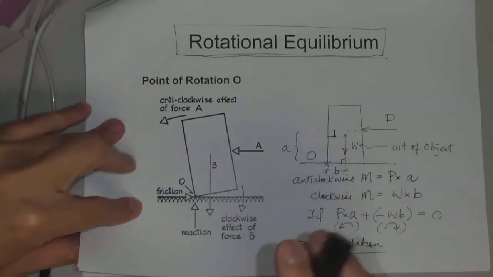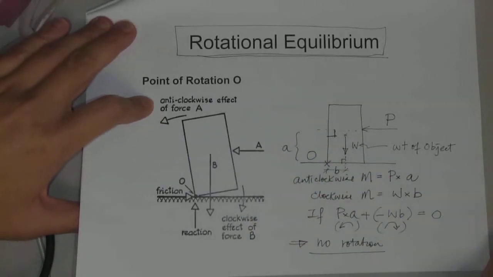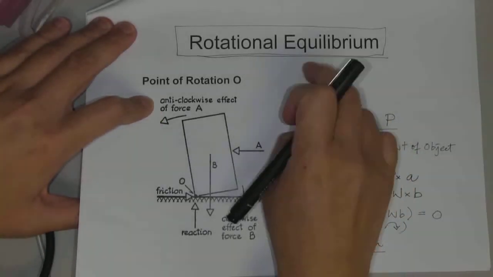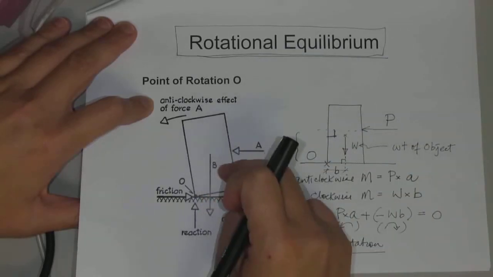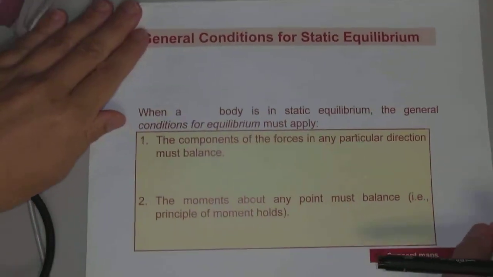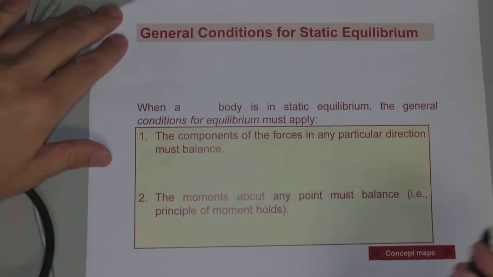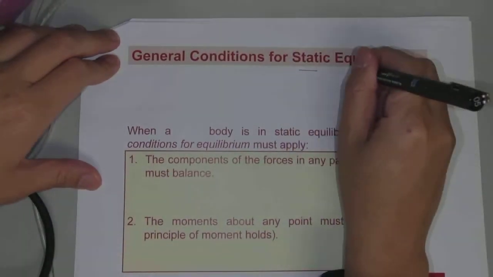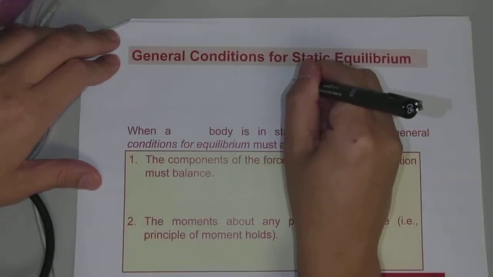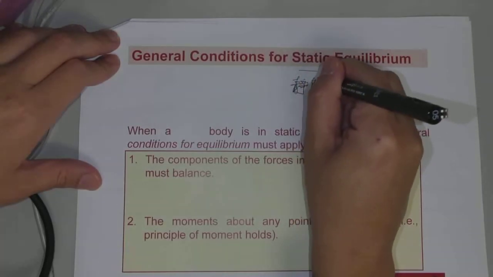Not just one of them, not just two of them, all of them have to be satisfied to make sure your building is in equilibrium. So in general, that's what is called static equilibrium.